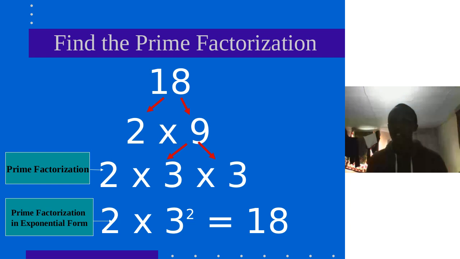You divide 9 by 3, you obtain 3, and then 3 divided by 3, you get 1. So our factors will be 3 multiplied by 3 multiplied by 2, of which 3 multiplied by 3 is 3 raised to 2, multiplied by 2. 3 squared is 9, then 9 multiplied by 2 is 18. Is it well understood, class?